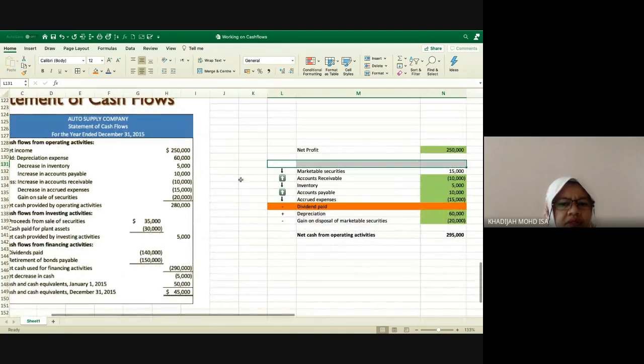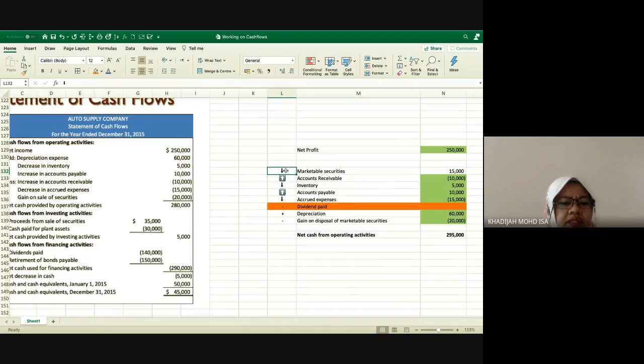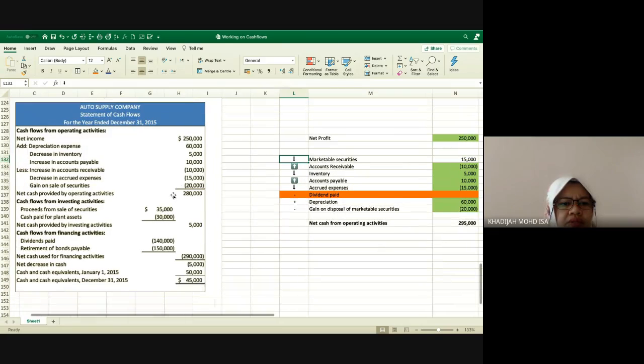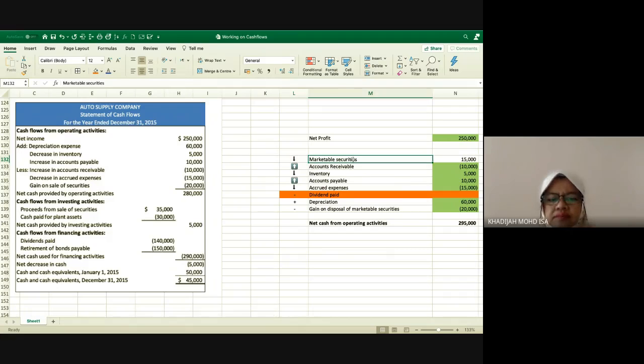What about securities here? Marketable securities is 15,000. Where's the marketable securities? It's your current asset, isn't it? Net cash, we are not getting that because the issue here is the marketable securities.